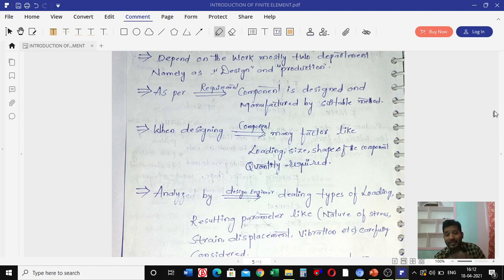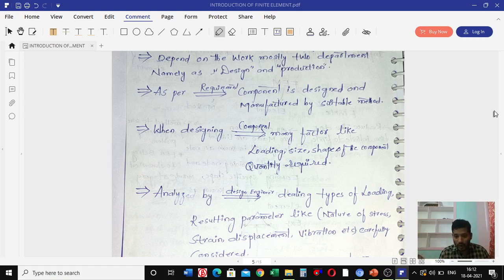After the designing is completed, we need to analyze it. The design engineer deals with the types of loading and the resulting parameters, like which nature of stress is acting on the component, tensile stress, compressive stress, or shear stress. If a tensile load is acting, the engineer has to know how much displacement is occurring.